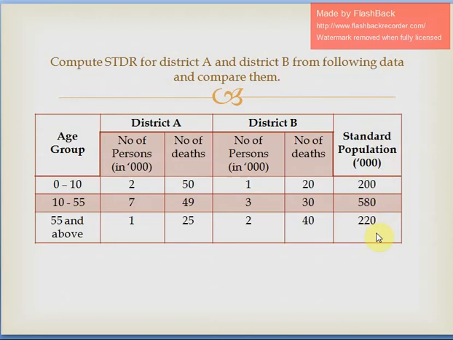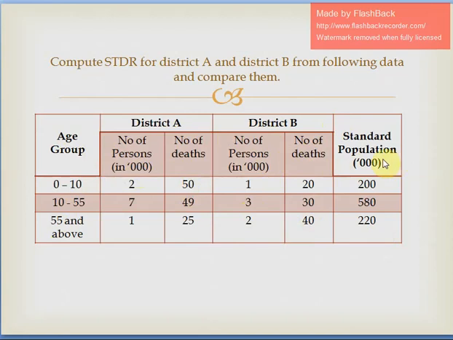The information shown on your screen is the age group, and for district A the number of persons and the number of deaths. In district B, the number of persons is given in thousands, along with the number of deaths, and a standard population is given.